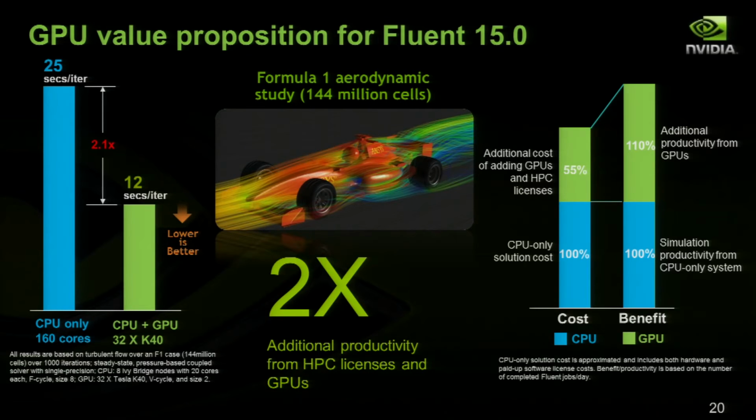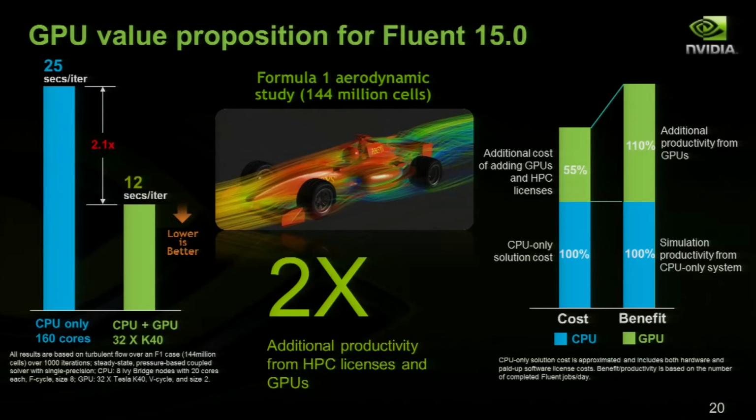When we ran this on 160 CPU cores, it was taking 25 seconds per iteration. When we added 32 K40 GPUs to this simulation, we could do 12 seconds per iteration. So the speedup here is almost 2.1x.